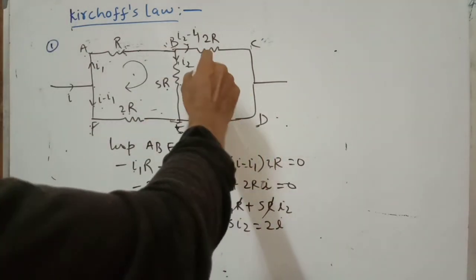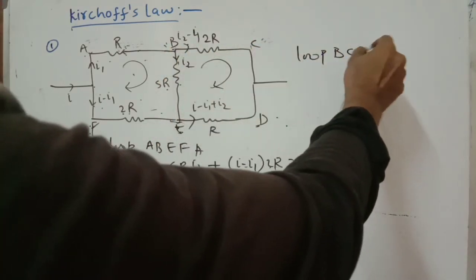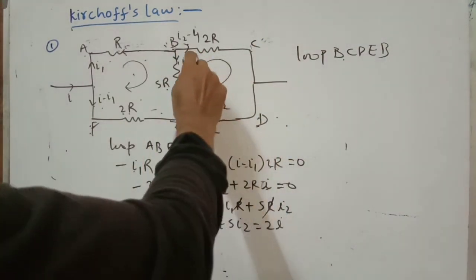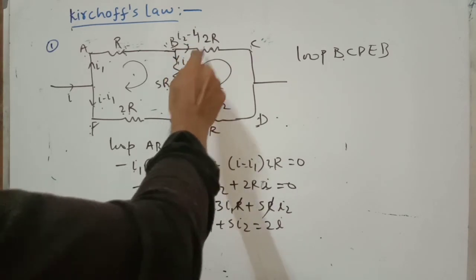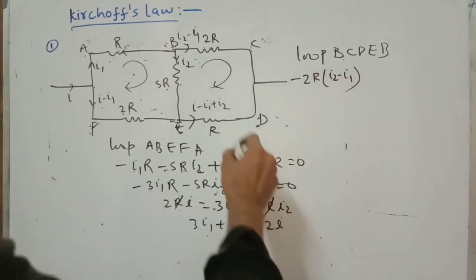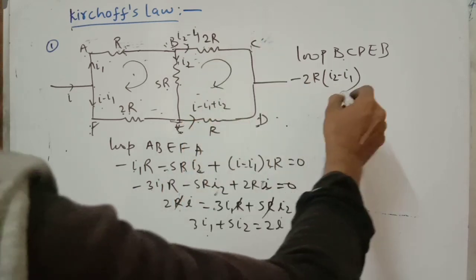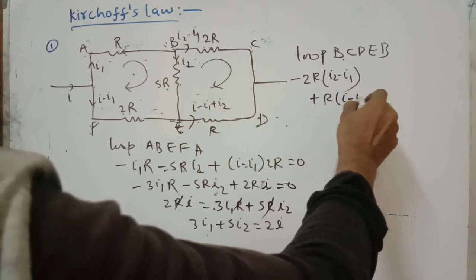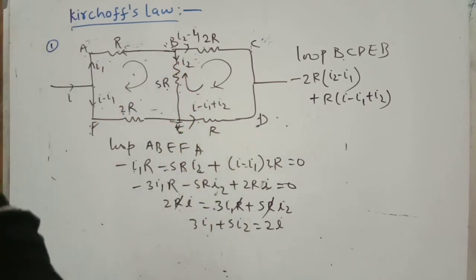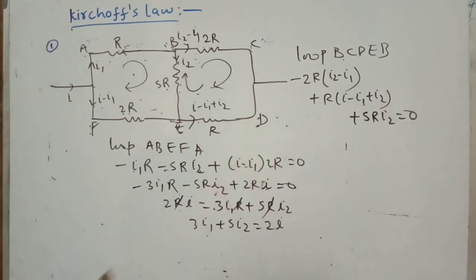Similarly, you can take this other loop, B, C, D, E, B. Consider direction same as the current direction through this resistance, so you write minus 2R (I2 minus I1). Now here the consider direction and current direction are opposite to each other, so you write positive R into (I minus I1 plus I2). Here also the directions are opposite, so write plus 5R I2 equal to 0.